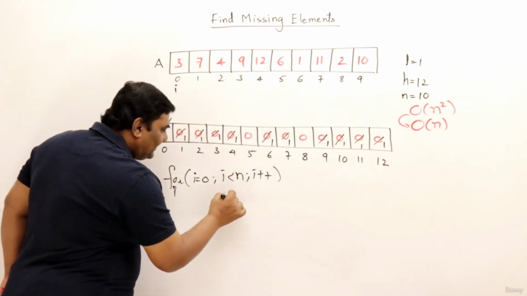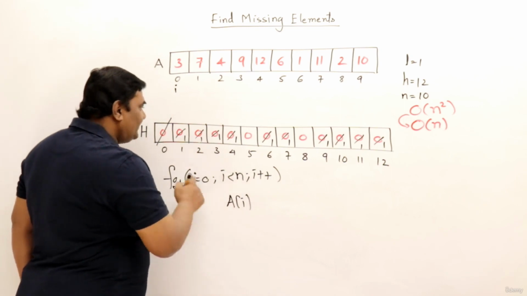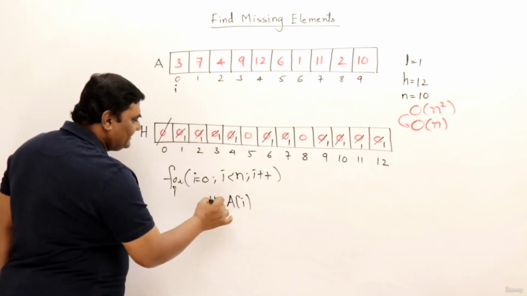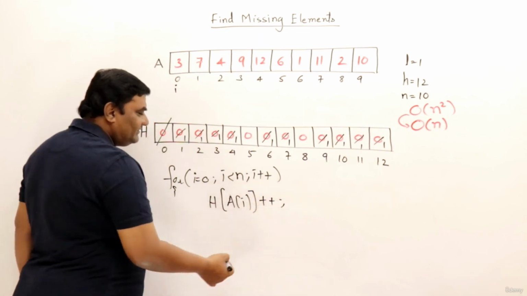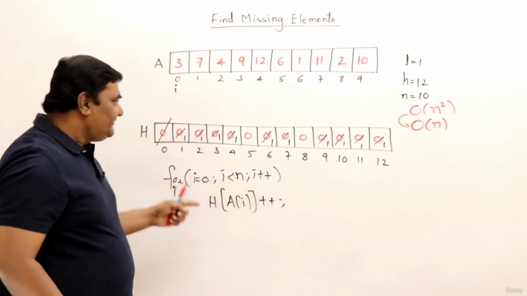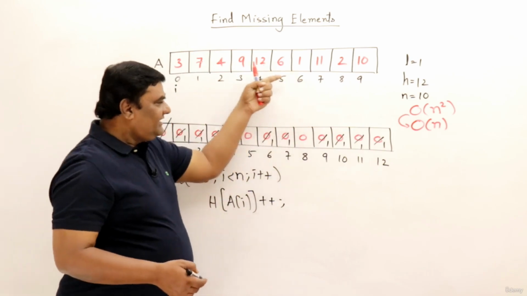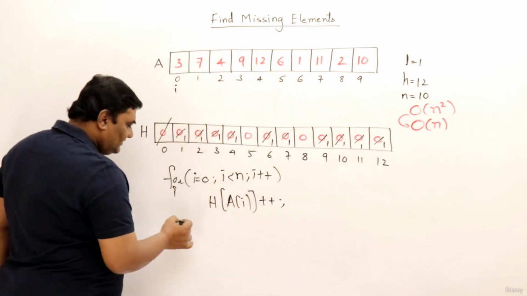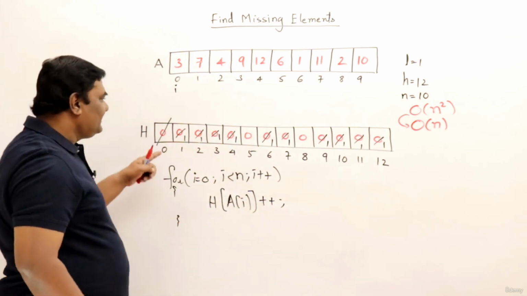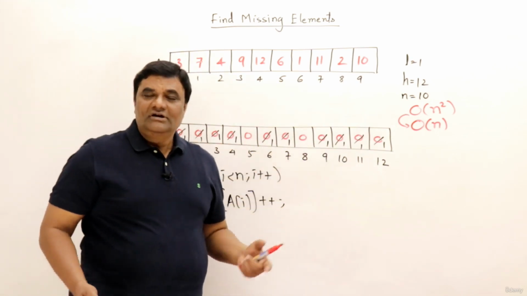So I should go to that index in h: h of A of i, I should increment it. That's it. It will scan through this array and for every element, in that particular index, it will increment it. So this for loop will increment wherever the element is found.